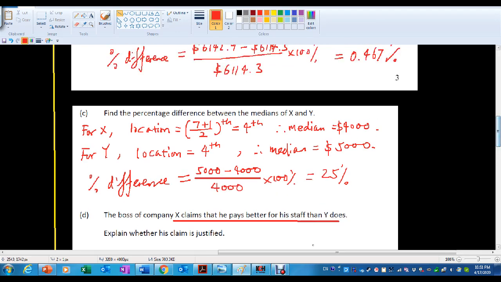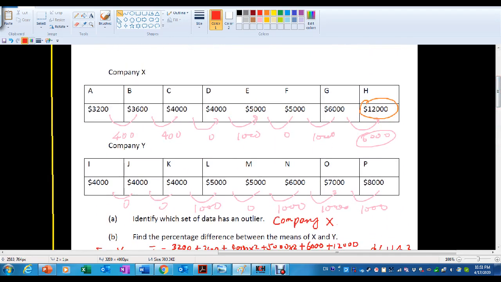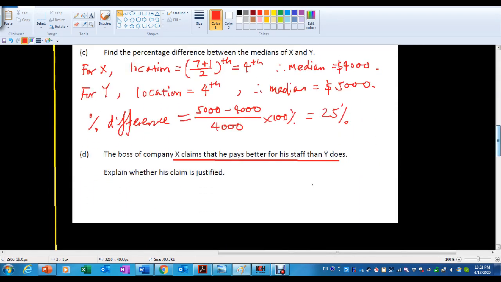And of course, we need to use the median because this time there's an outlier in X, so we should focus on the median. When you compare the median, Y is much greater than X. So the claim by the boss of X is very wrong.